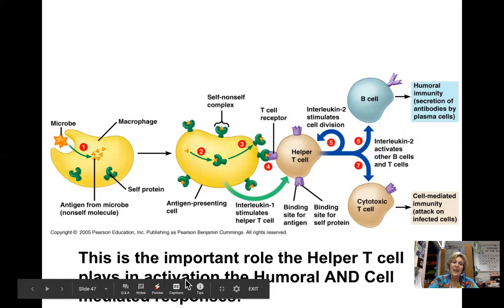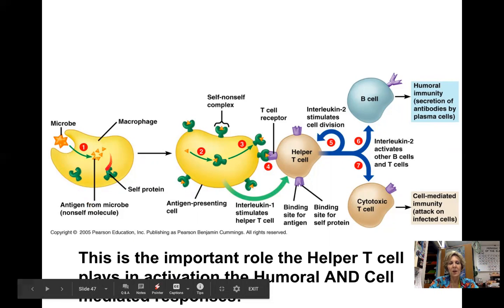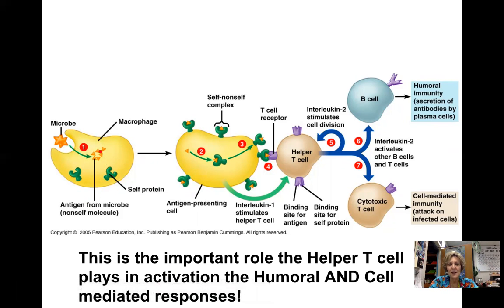So let's talk a little bit about the helper T cell, and again, this active role that it takes in both the humoral and the cell-mediated response. So here I have, this could be, well, this is a macrophage, right? So it's ingesting a bad microbe here.